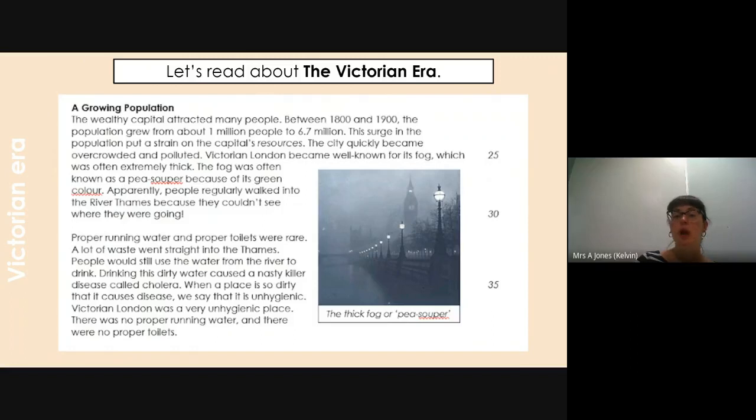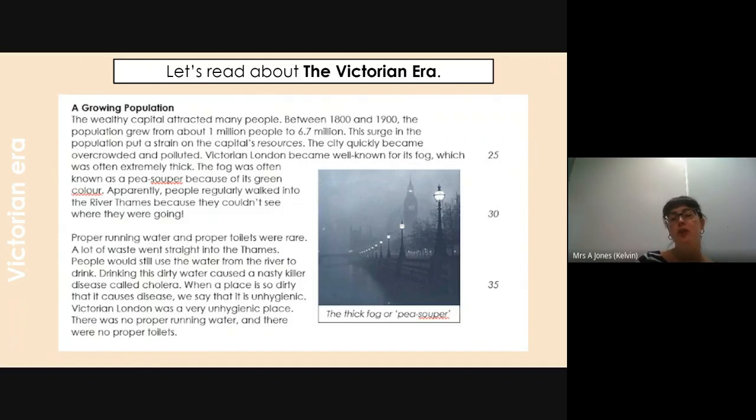Victorian London became well known for its fog, which was often extremely thick. The fog was often known as a pea souper because of its green colour. Apparently, people regularly walked into the River Thames because they couldn't see where they were going. And there's a little picture, at the bottom right, of the thick fog nicknamed a pea souper, because it's so thick and green you can't really see in front of you.